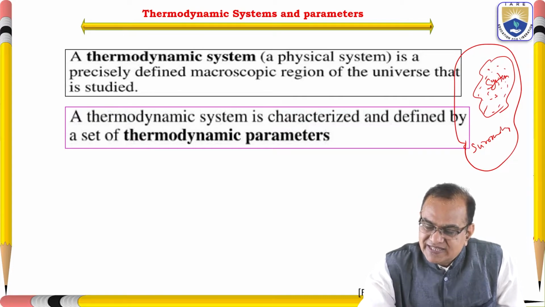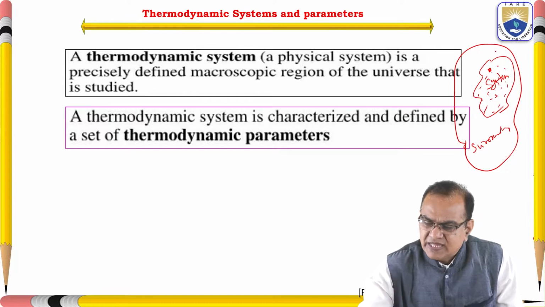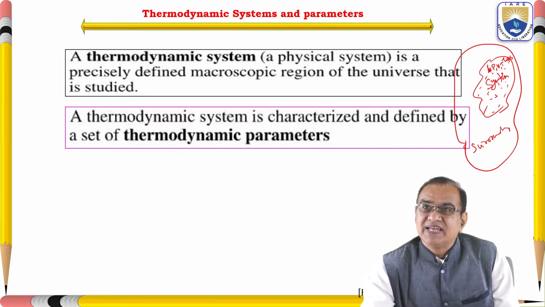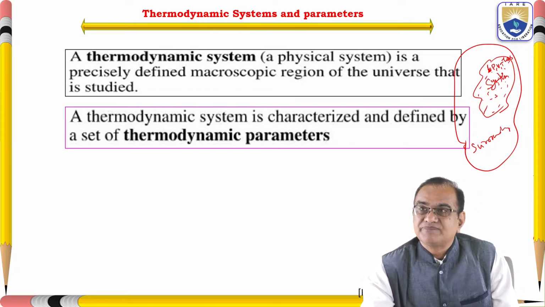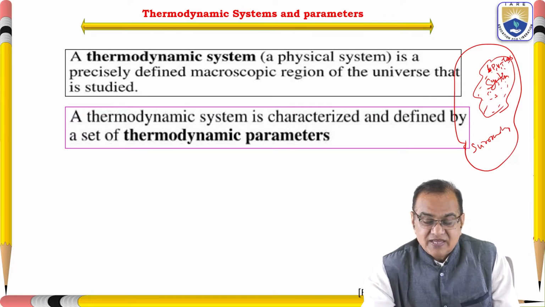So in the system you will have thermodynamic parameters like state 1, state 2, P, V, T, H, S, and so on.